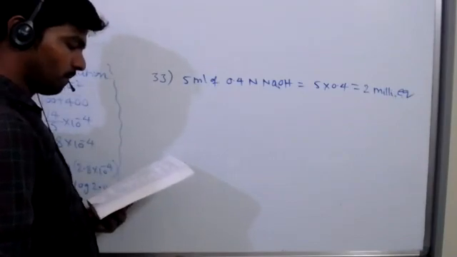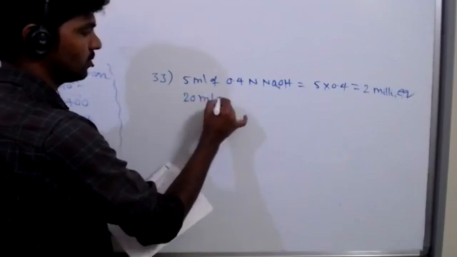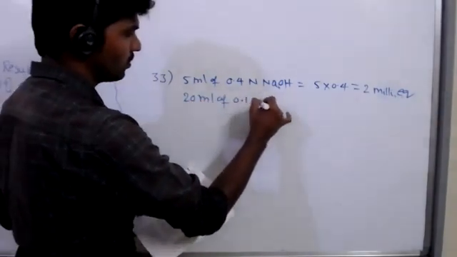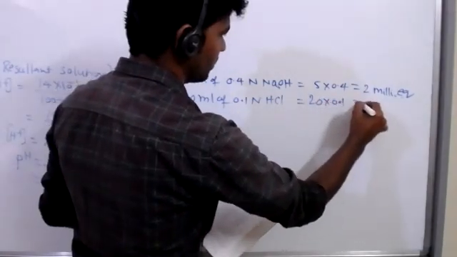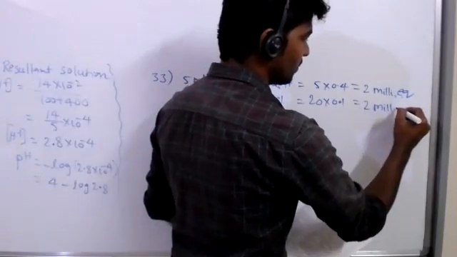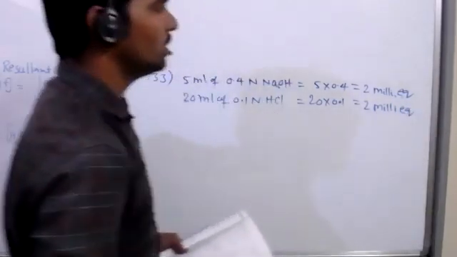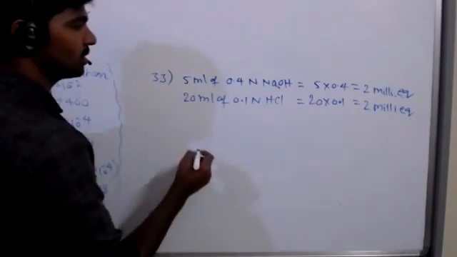Another one, 20 ml of 0.1 N HCl, 20 into 0.1, this is also 2. See, 2 equivalents completely neutralized by 2 equivalents. So there is no excess acid or base. So what is the solution pH?